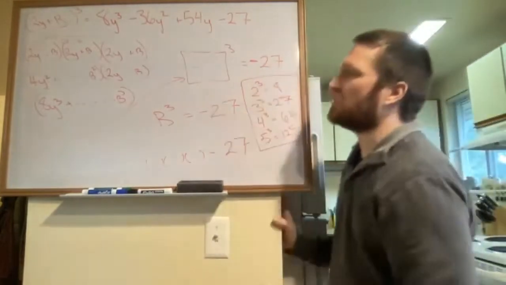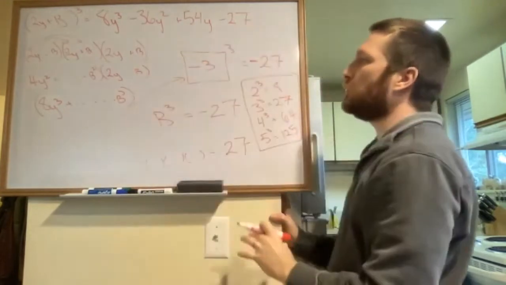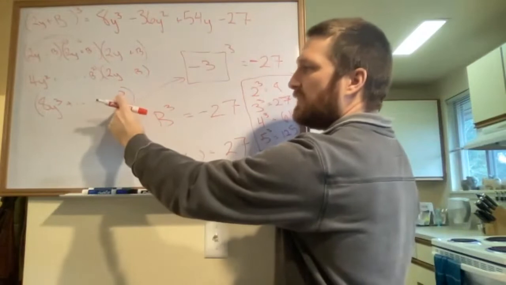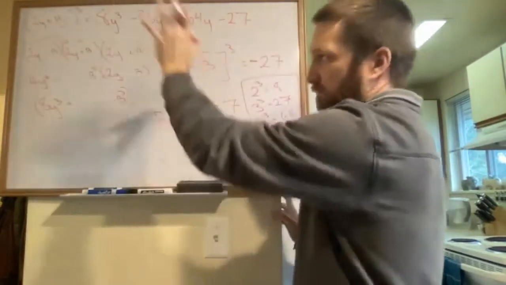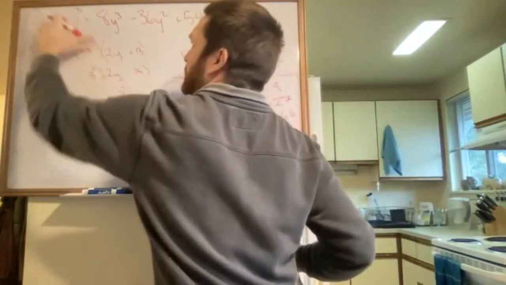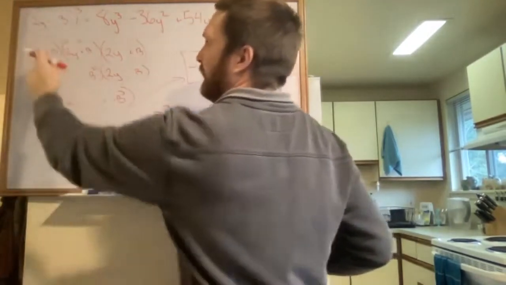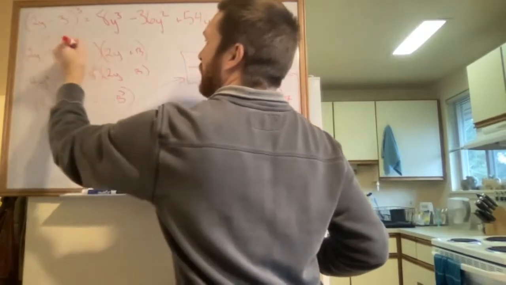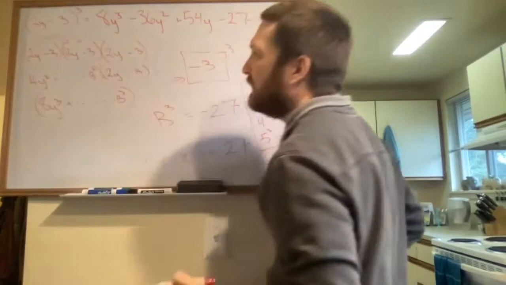So long story short, negative 3 cubed is negative 27. That must be that term right there. Now I'm just going to go ahead and check that this works. Instead of plus b, I'm going to go minus 3 like that. Then this would have been a minus 3, and this would have been a minus 3, and this would have been a minus 3.